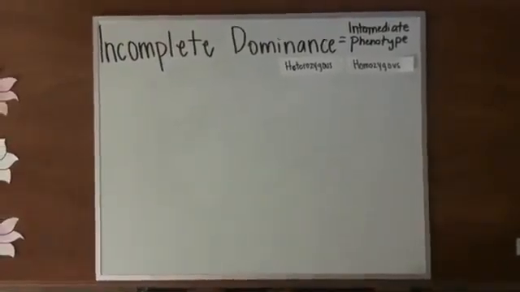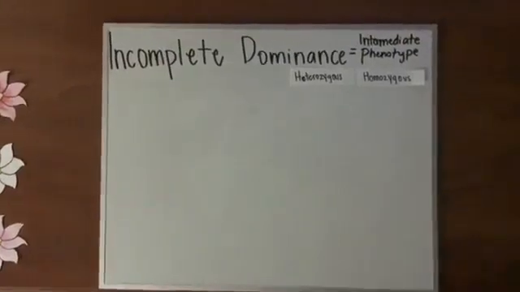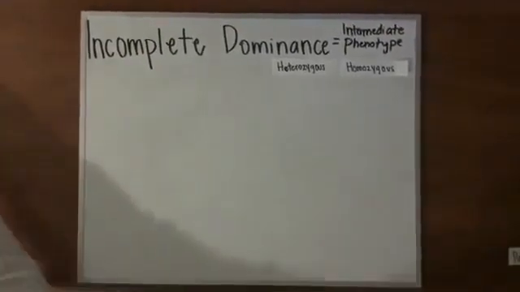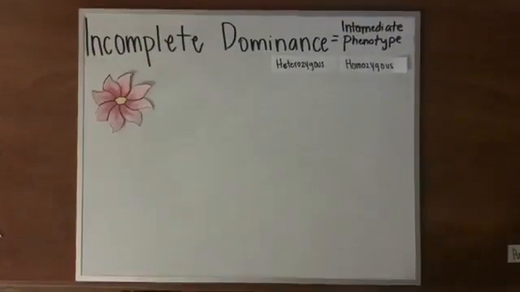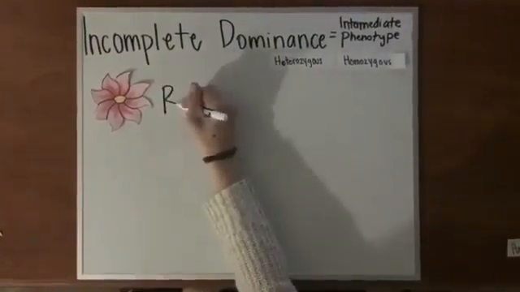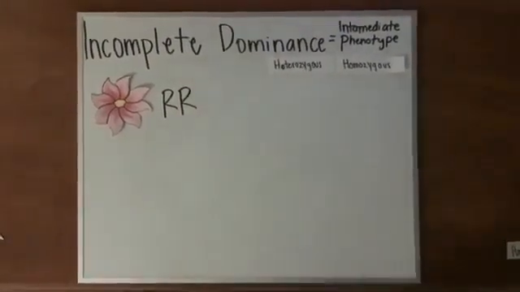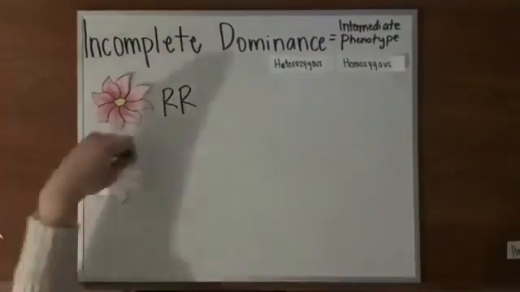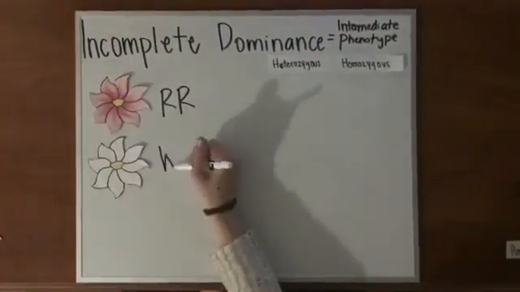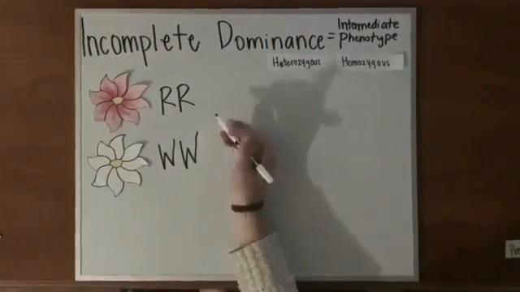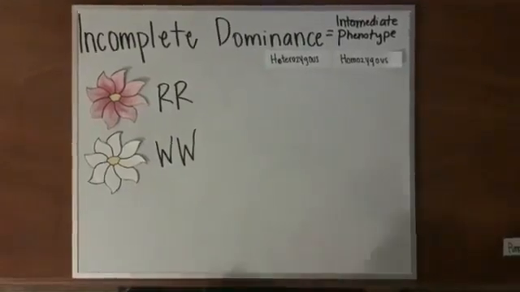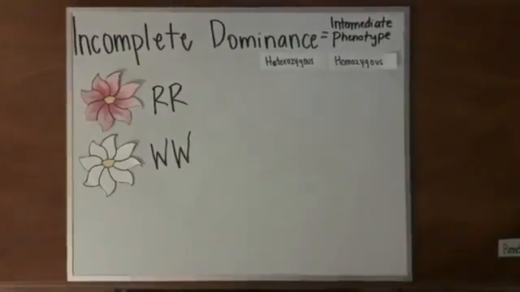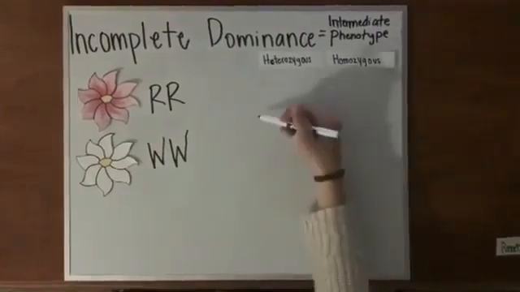Let's look at an example using flowers to understand this concept a little bit better. Let's take a red flower. Its genotype will be big R, big R. And let's take a white flower. Its genotype will be big W, big W. These are both homozygotes.